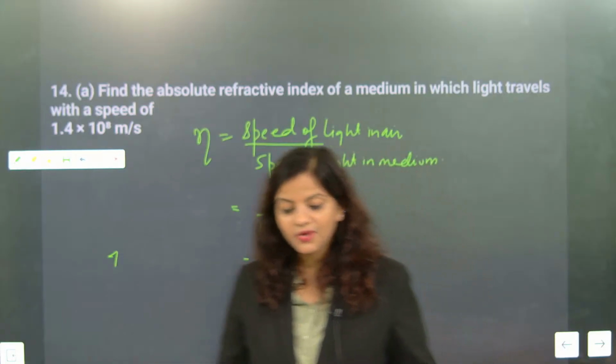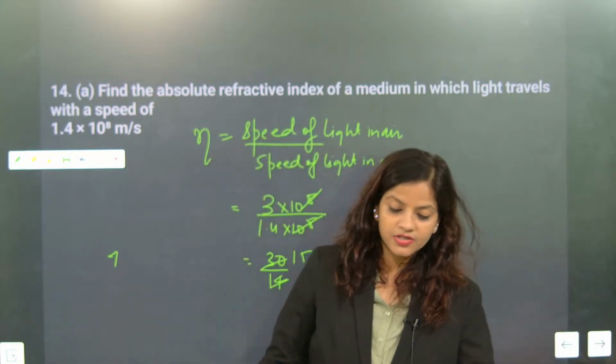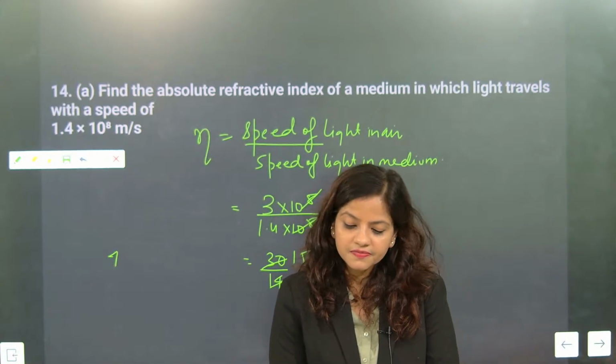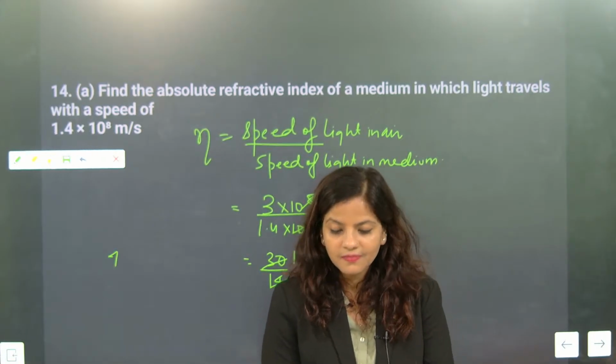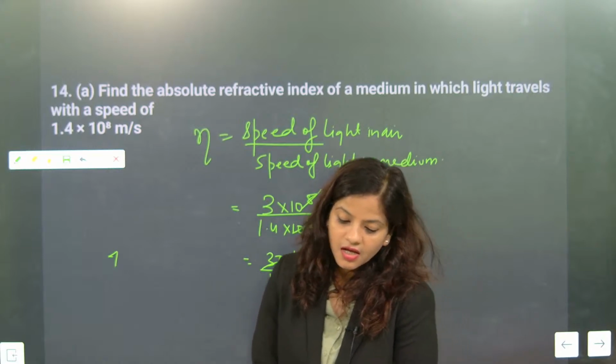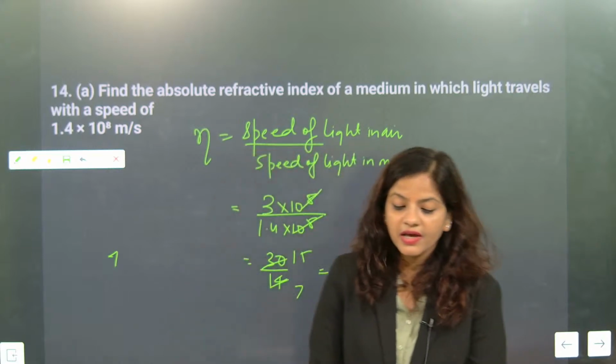So when you are asking me questions, I can bounce back and ask you a question. How do we distinguish? You answer, no problem. How do we distinguish a medium to be rarer or denser?